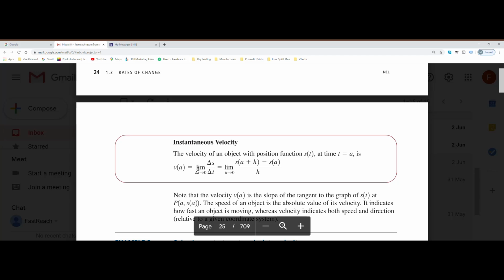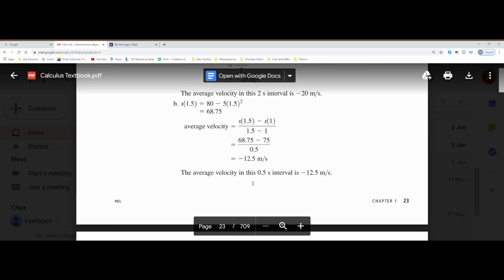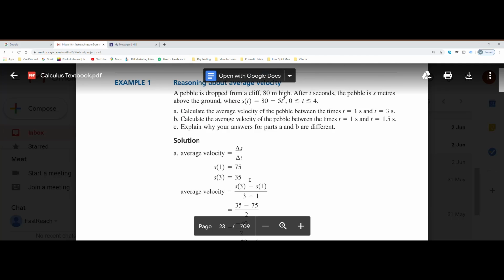So you're going to find the limit as t approaches 0 of the change in distance over the change in time. So we'll be just finding the limit, which was exactly the same as what we did in the last section.